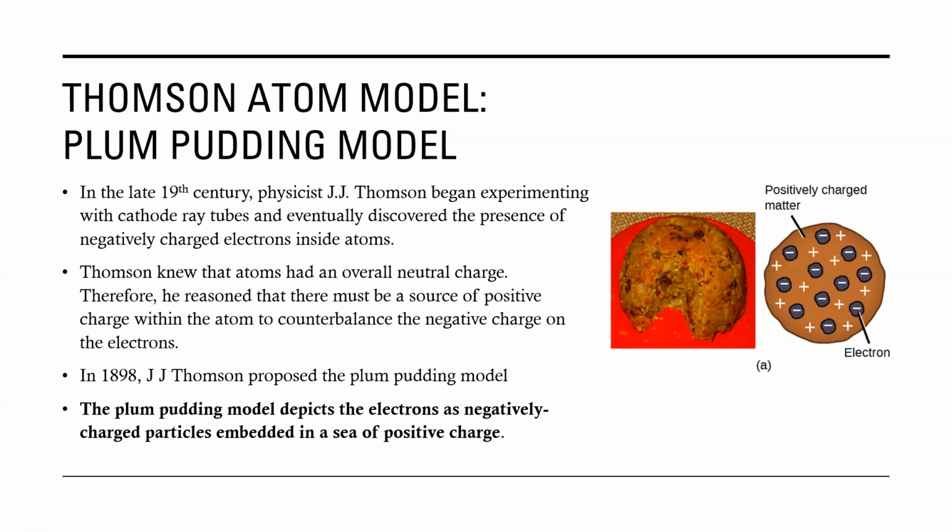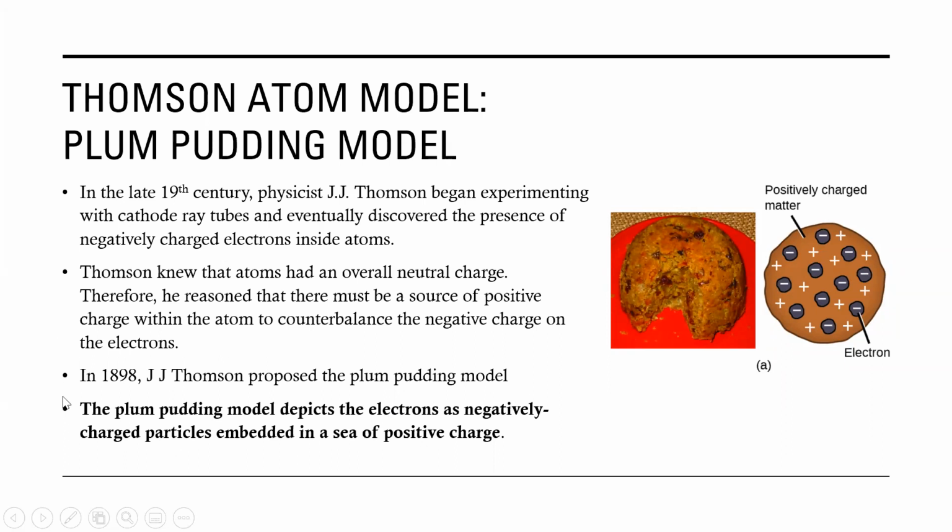So the overall charge of atom is neutral. So if there are negatively charged particles, there should be an equal opposing positive charge. Therefore, the atom as a whole is neutral. So he proposed a new model of atom, which is called the plum pudding model.